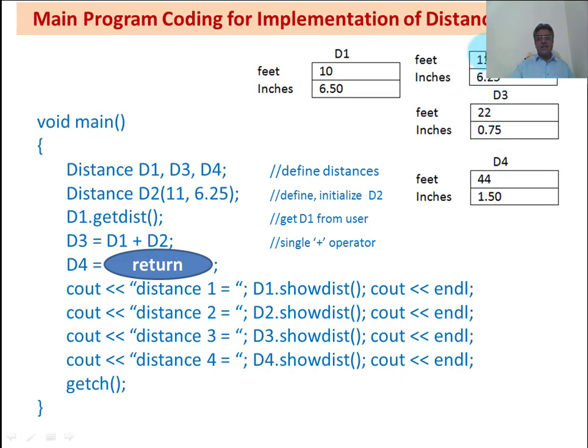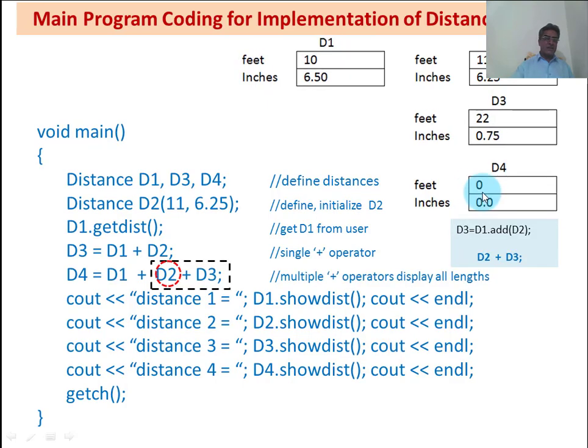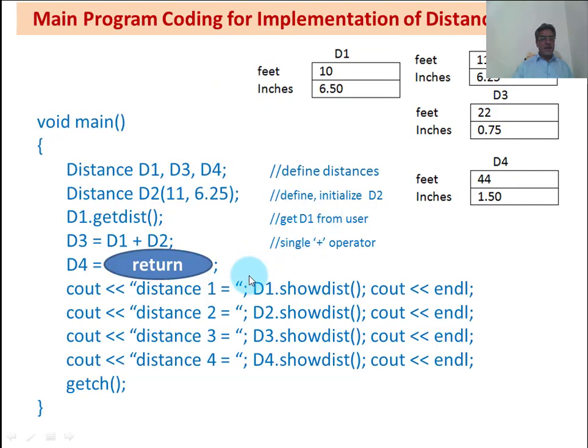It is 22, it is 11, it is 10, and all these feet will be added, and these inches will also be added, and the computer will perform the operation and it will become 44. It will become 44 and 1.5, because in this stage you can see d1 plus d2 plus d3. These three objects are adding and storing the value in the memory of d4. Therefore, at last the return value will be assigned to d4, and d4 contains this one.